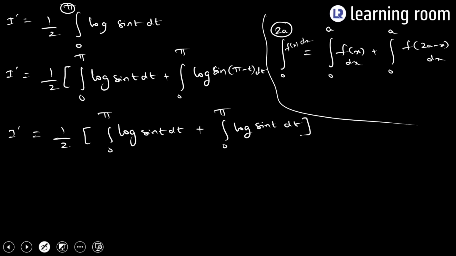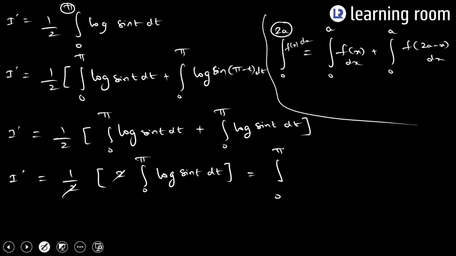Here, I dash should be equal to half into 2 times integral of 0 to pi log of sin t dt, where this 2 and 2 will get cancelled, and according to property number 1, I can write this as 0 to pi log of sin x dx.